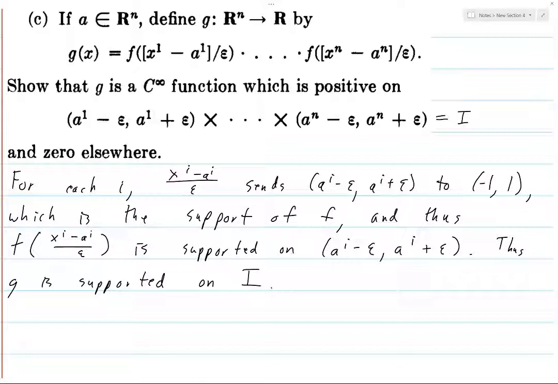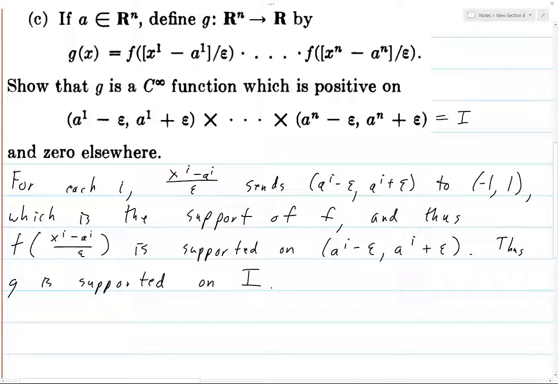And furthermore, if you choose a point in Rn that is in this set capital I, then for every single coordinate xi, that xi lies between ai minus epsilon and ai plus epsilon, which means that f at xi minus ai over epsilon will give you a positive number, because that's where the function is supported.